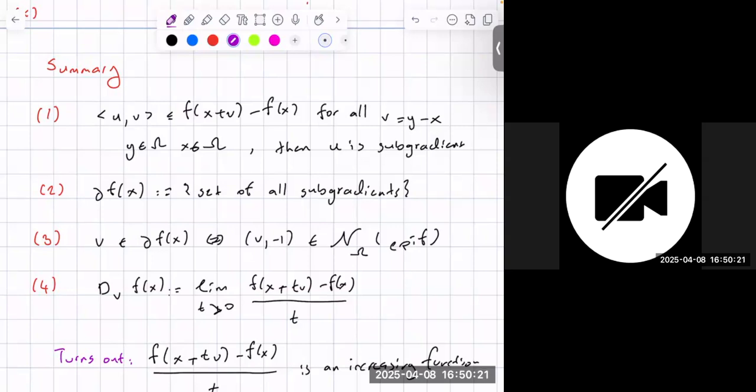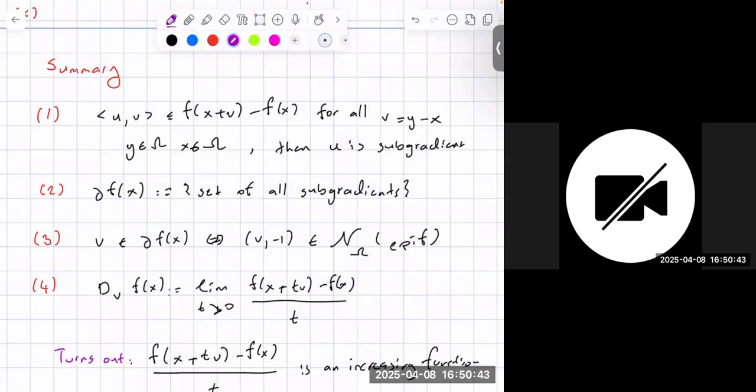That was the first definition we got. Then this is the set of all subgradients, denoted with this funky notation. And then we noticed that being a subgradient is the same thing as the vector (u, minus 1), with the last coordinate stacked up as minus 1, having to be in that descent cone.